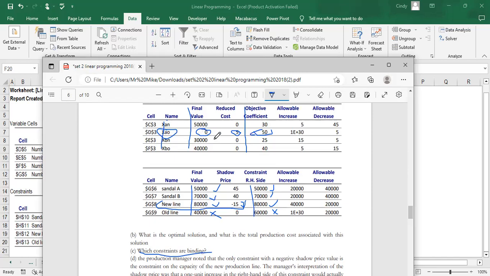So how much should the cost be in order for us to get a product? And we saw from our illustration that if we reduce this by this 5, which is its reduced cost, then you are going to forego some of this 50,000, 30,000, 40,000 to produce sandals A on the old production line. So that will be the explanation.